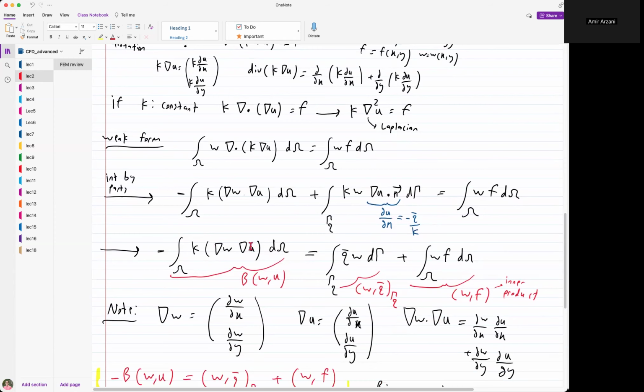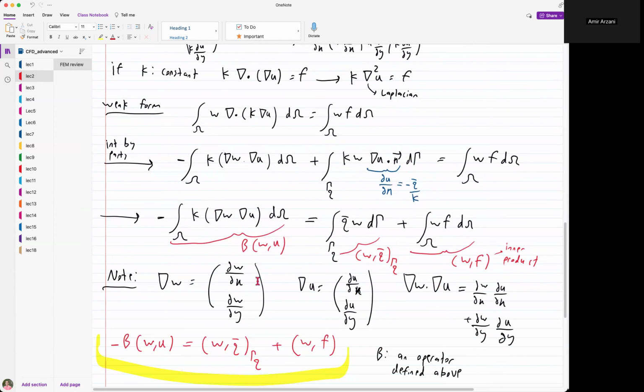Now, for this term here, notice that u and w are scalars. w is also a scalar because our unknown u is a scalar, so w is a scalar that we multiply by the scalar equation. When you take the gradients of scalars, the gradients are both vectors. So this term here, grad w dot grad u, is simply the dot product between two vectors that you can write like this.